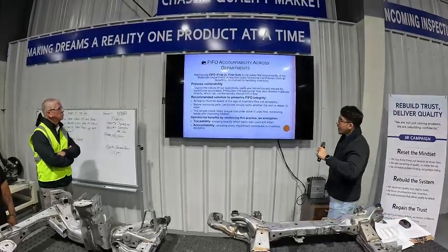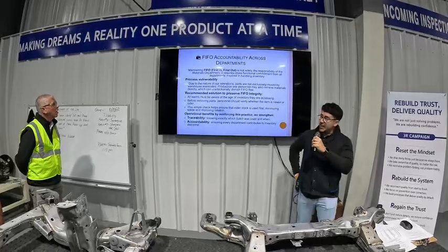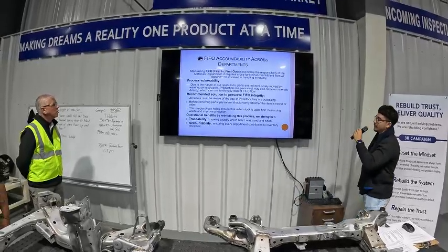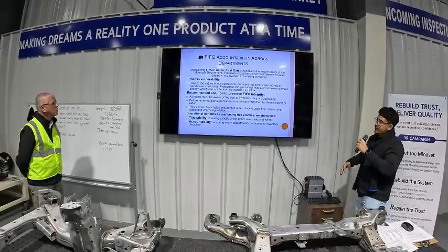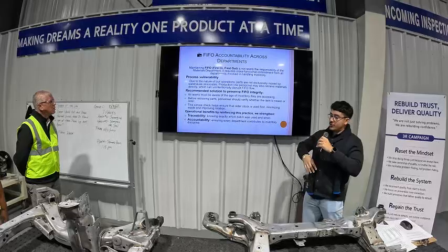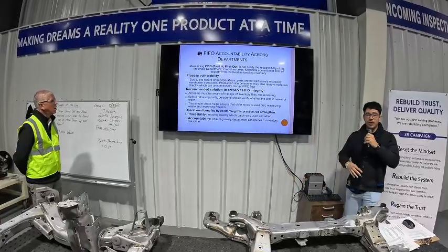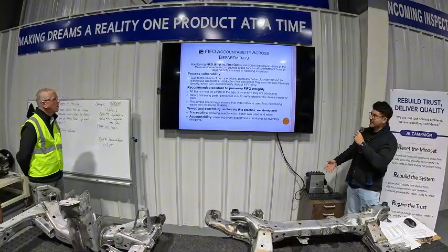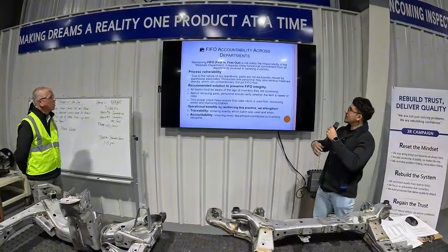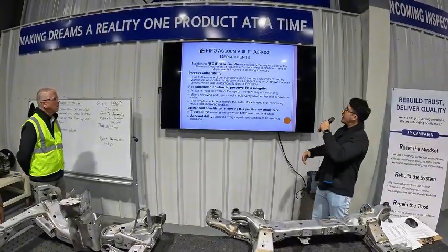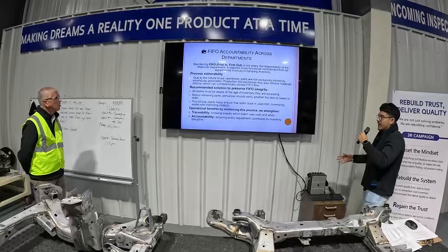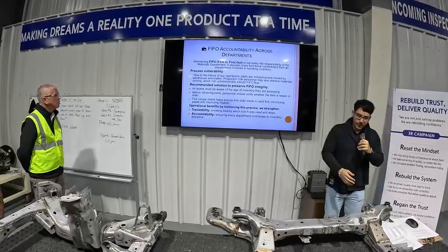Okay. First in, first out accountability across the department. To maintain first in, first out is not solely the responsibility of material departments. Why is that? Because it requires cross-functional commitment from all departments involved in handling inventory.